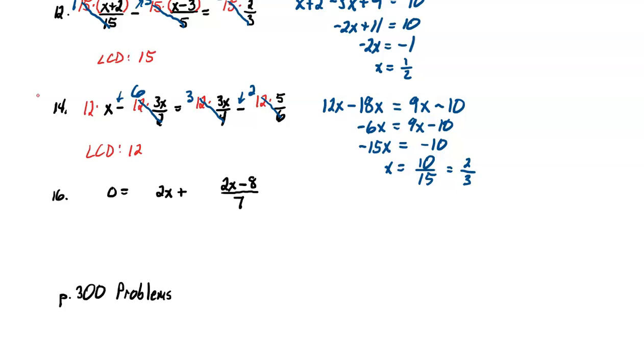Number 16. This equation has a fraction in it, and it's not a proportion, so you can't do cross multiplying. The LCD is the only denominator that there is, 7. Multiply all terms by 7.